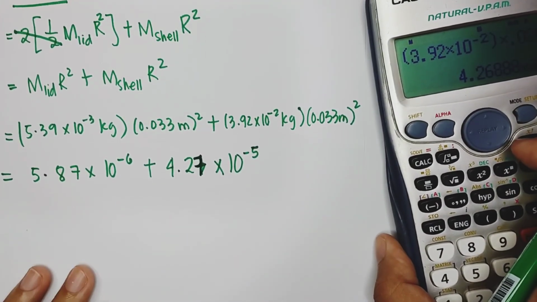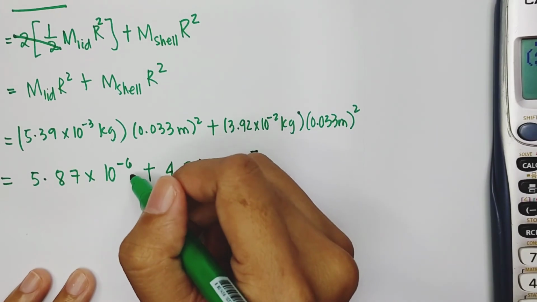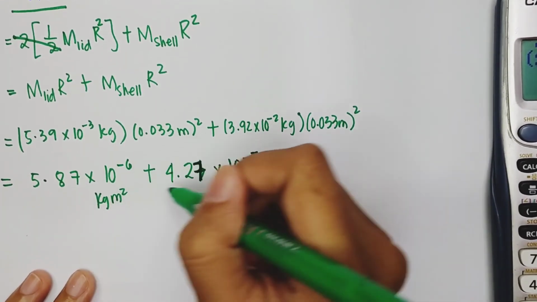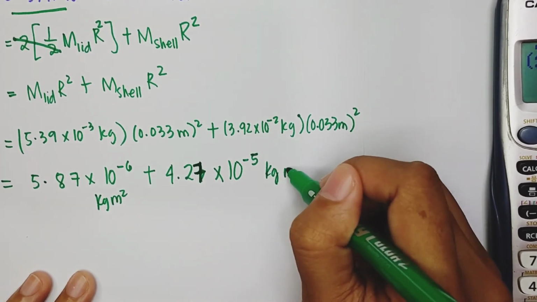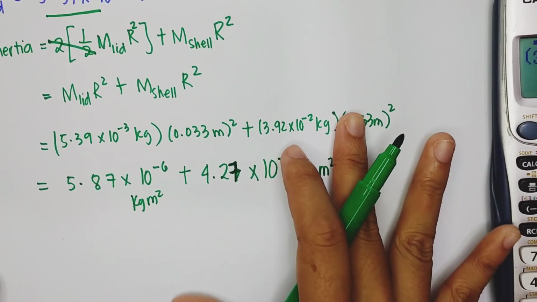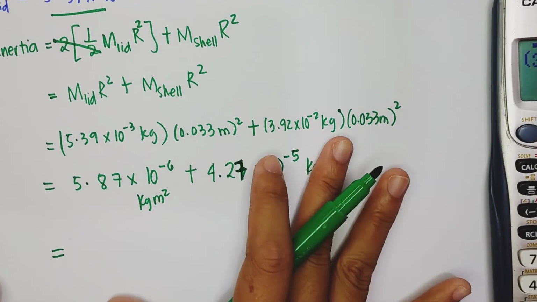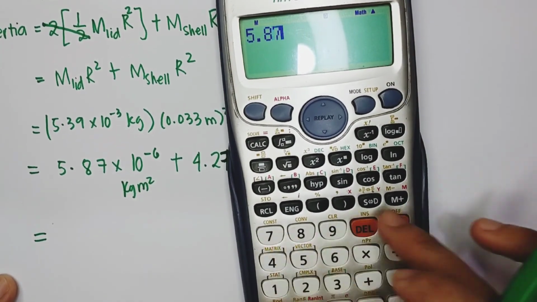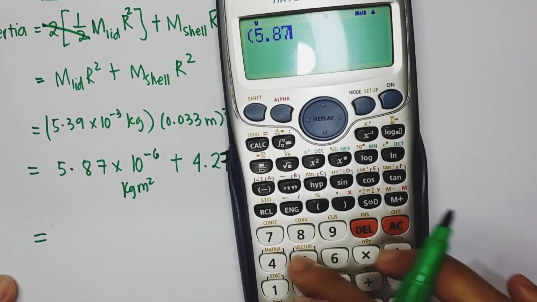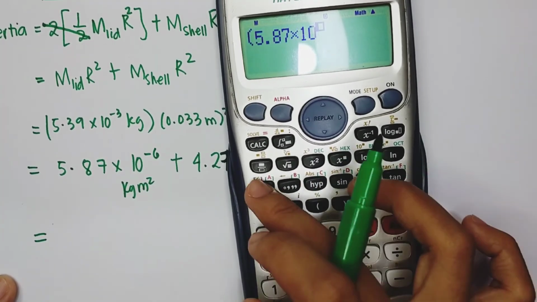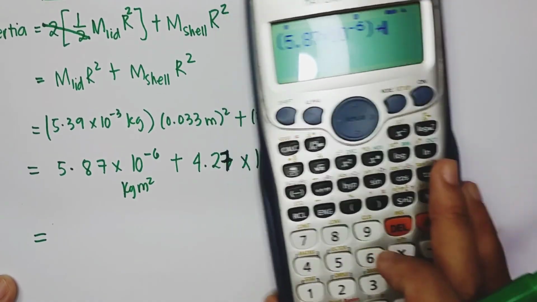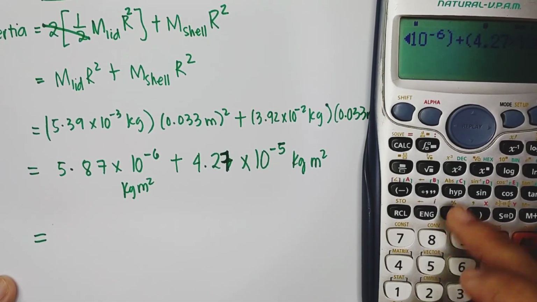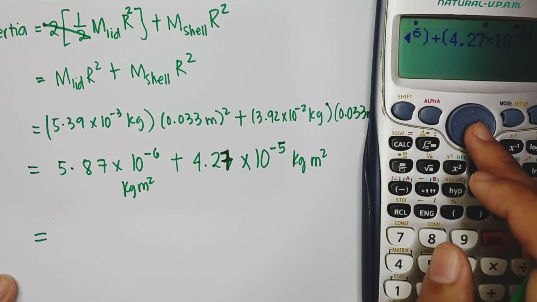After that, we add these. The unit is kilogram meter squared, sorry, I forgot the unit. So we have 5.87 times 10 to the negative 6 plus 4.27 times 10 to the negative 5.